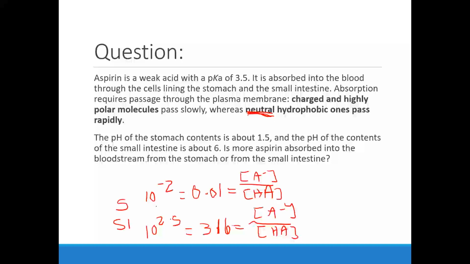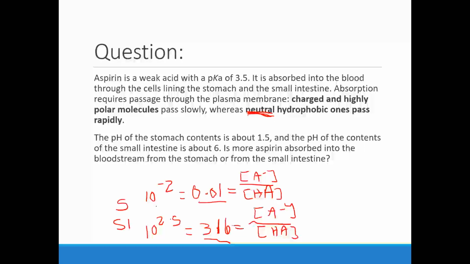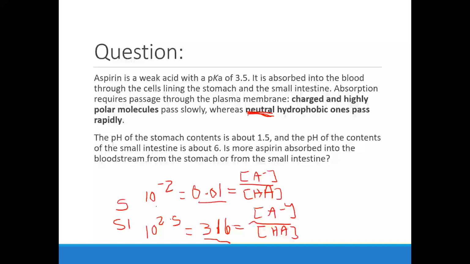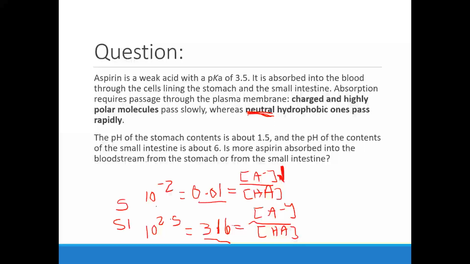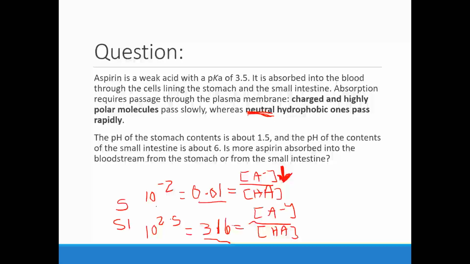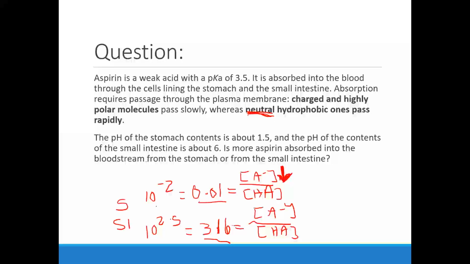Now, just looking at this, I can tell that this is a small number and this is a big number. So that must mean that if I look at this ratio for a small number, the A minus on the top has to be small, and thus the HA on the bottom has to be big.